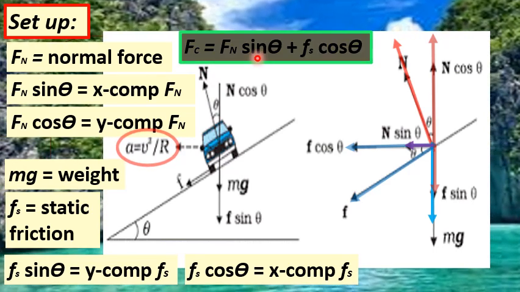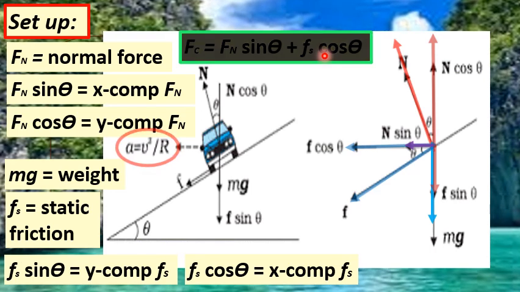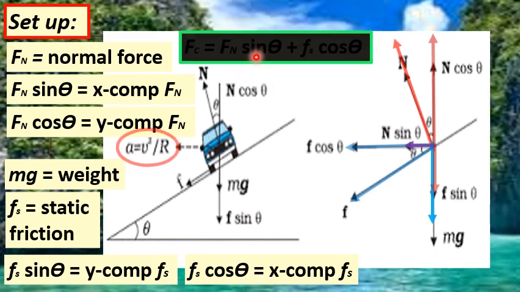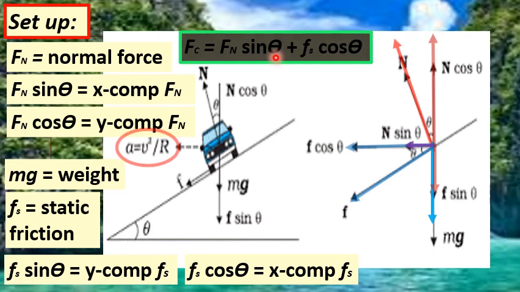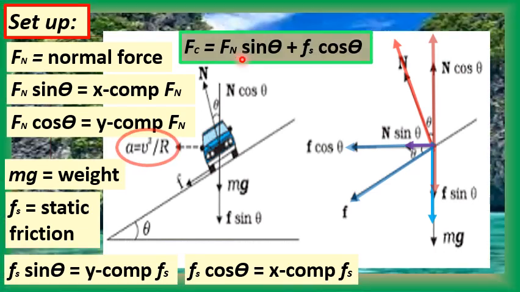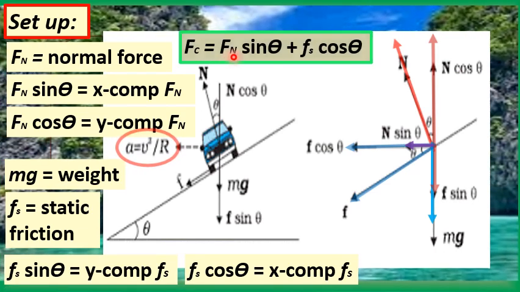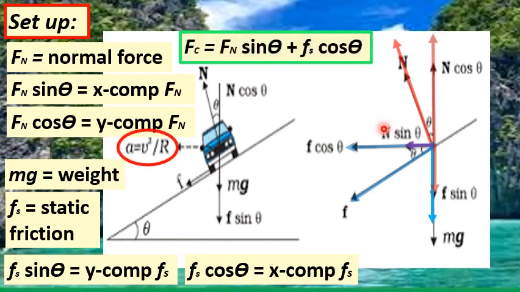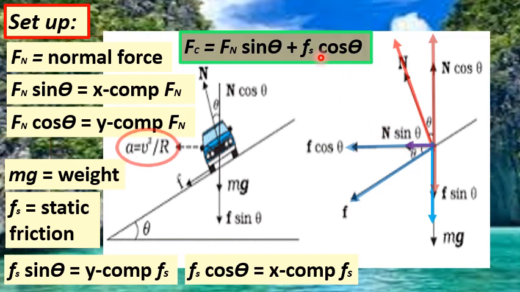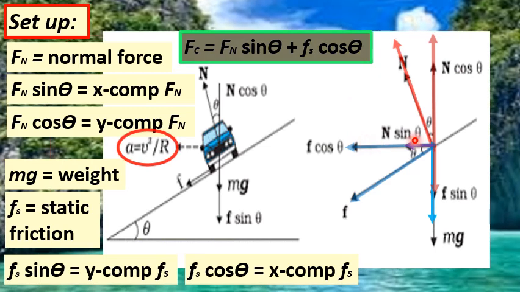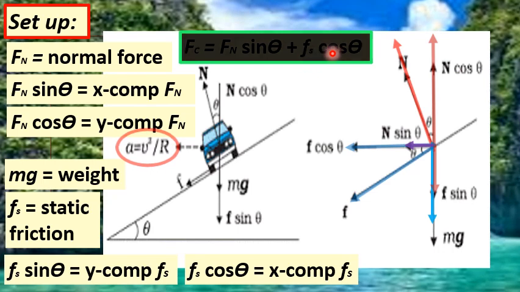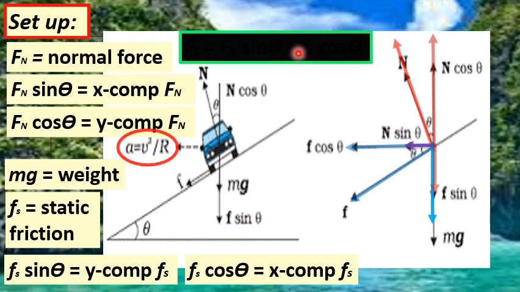It is in fact the sum of the x component of the normal force, which is f sub n sine theta, and the x component of the static friction, expressed as f sub s cosine theta.